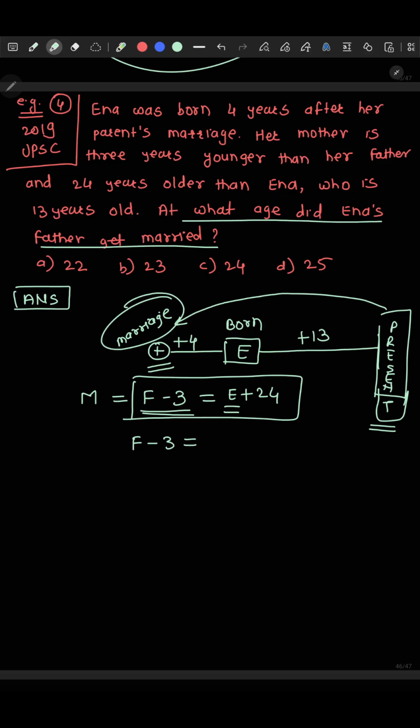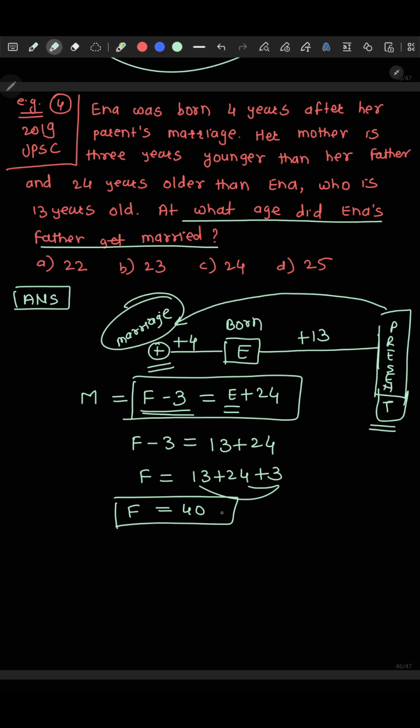That is 13 plus 24, because currently Ina's age is 13. Hence F is equal to 13 plus 24 plus 3. So 13 plus 3 is 16, 16 plus 4 is 20, 20 plus 20 is 40. Hence the present age of the father is 40 years.